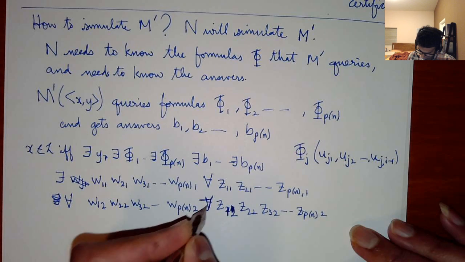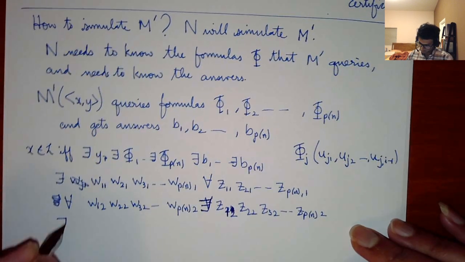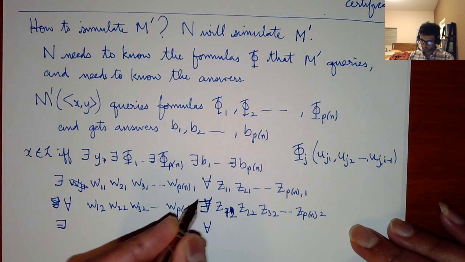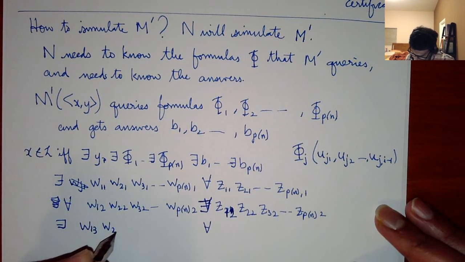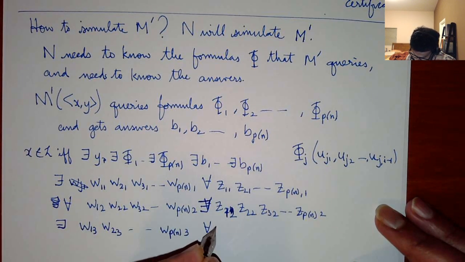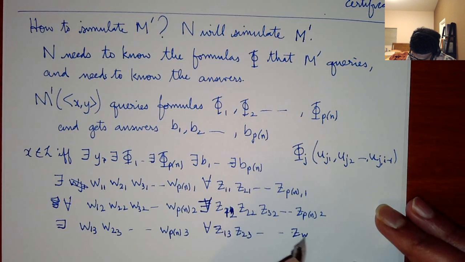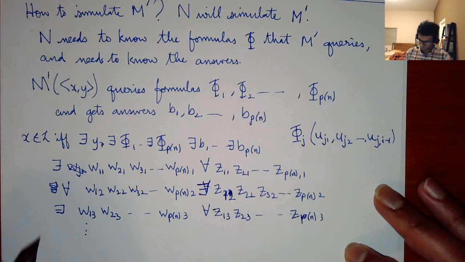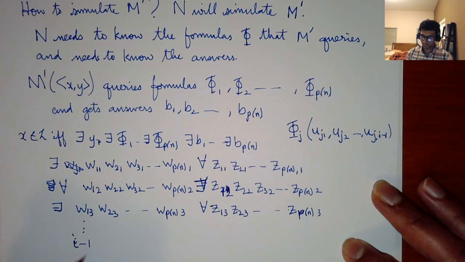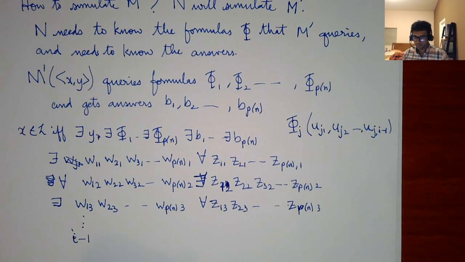Sorry, you'll see that I'm switching. There exists over here and a for all over here. I'm going to use these separately. Then W13, W23, up to WPN of 3, Z13, Z23, up to ZPN of 3. So this is going to keep going up to I minus 1.